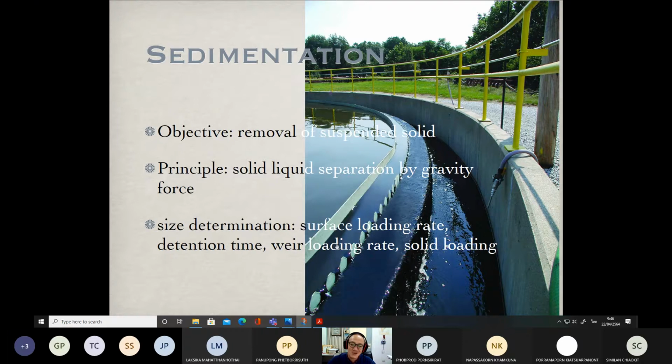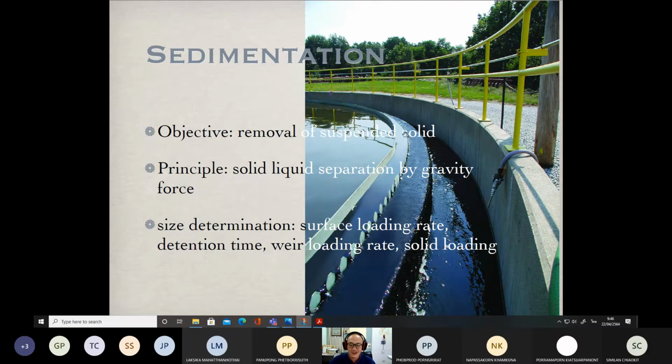We have to install a sufficient weir length for the sedimentation tank, in both circular and rectangular tanks. These tanks require sufficient weir length to maintain the water stagnation in the sedimentation tanks.